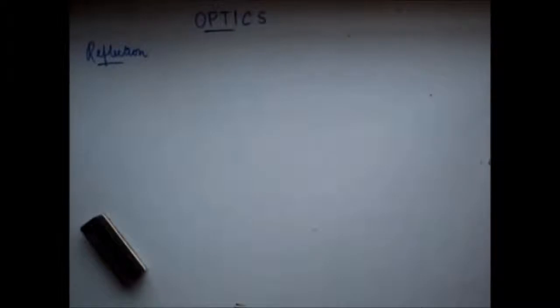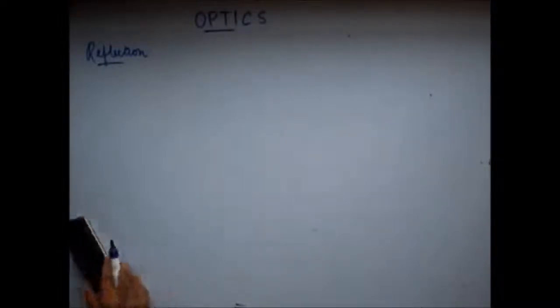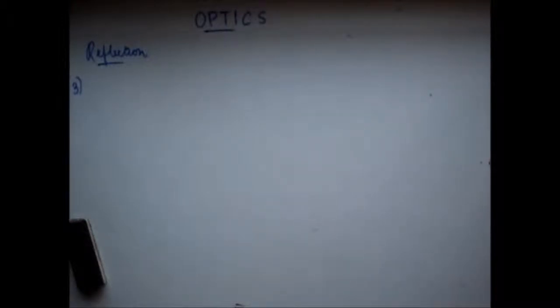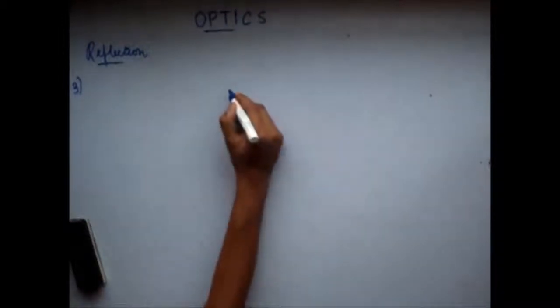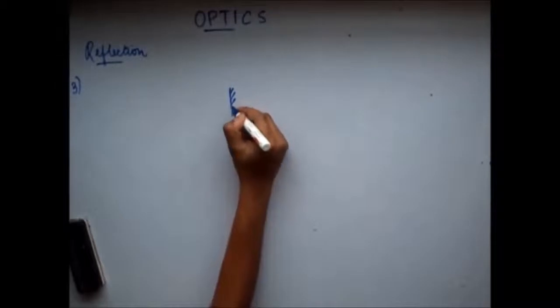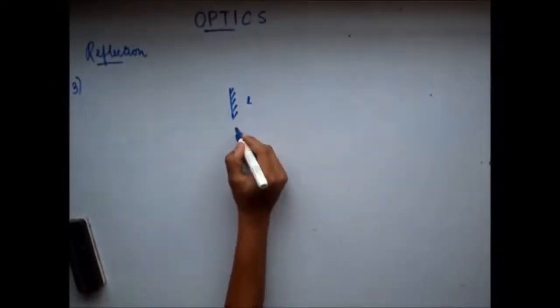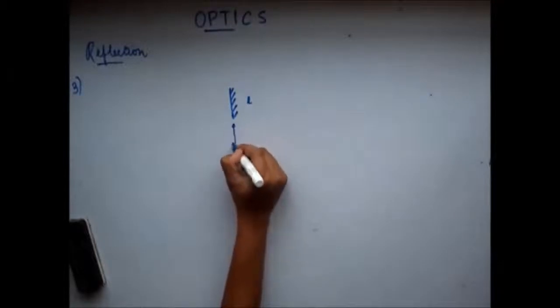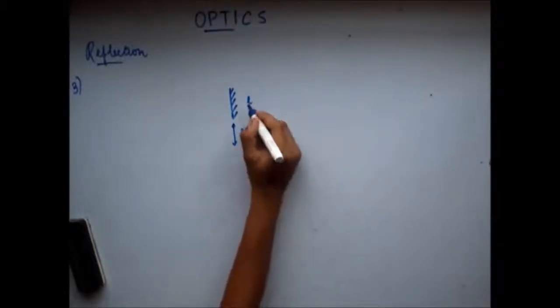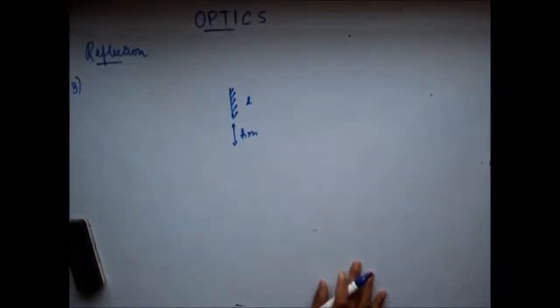The third question is as follows. There's a mirror of length L at a height HM from the floor.